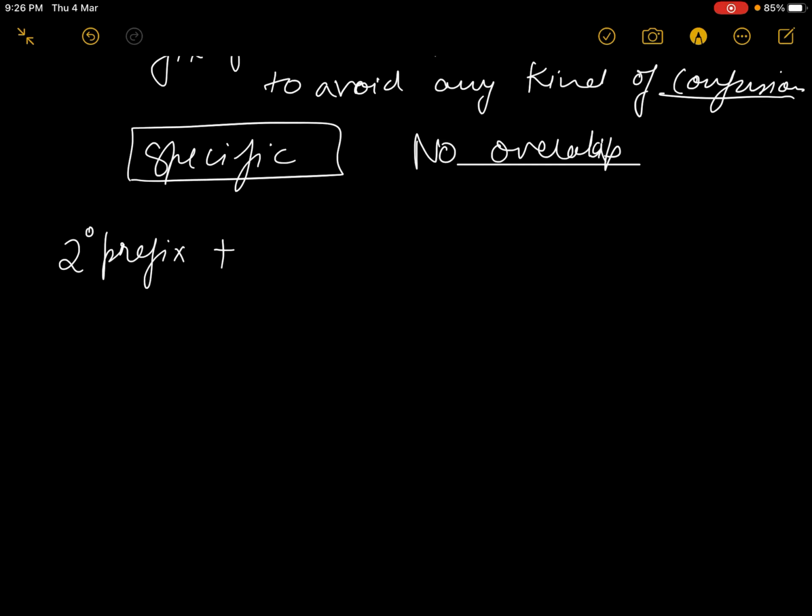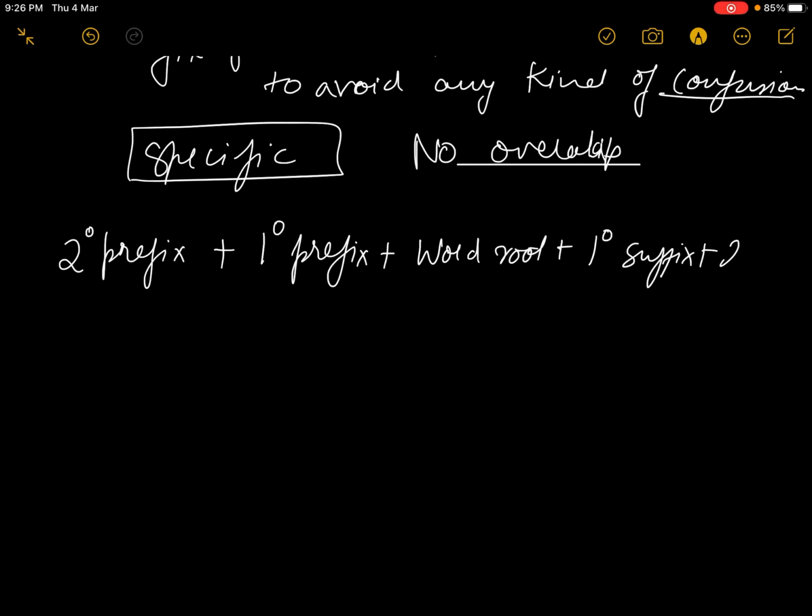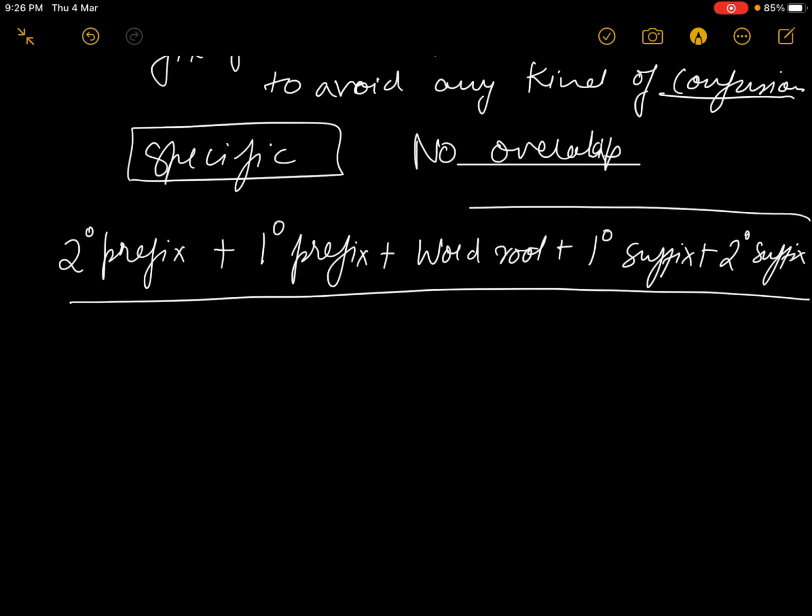Then we add the primary prefix, then we use the word root, then we use the primary suffix, and then we use the secondary suffix if it has any. This rule needs to be learned by heart for naming any compound in IUPAC naming.